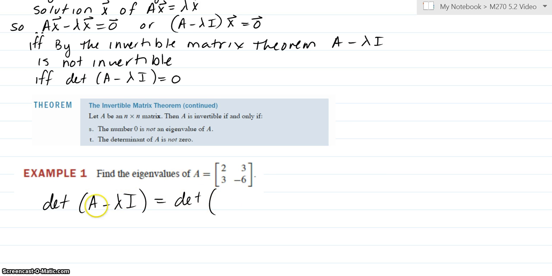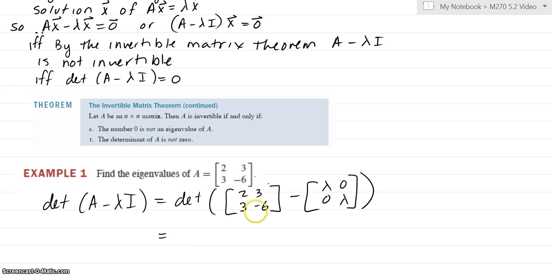Well, let's just look and see what A minus lambda I is. If I subtract those two matrices, it only affects the diagonals: 2 minus lambda and then negative 6 minus lambda. The 3 and the other entry stay the same. I'm going to set that equal to 0.